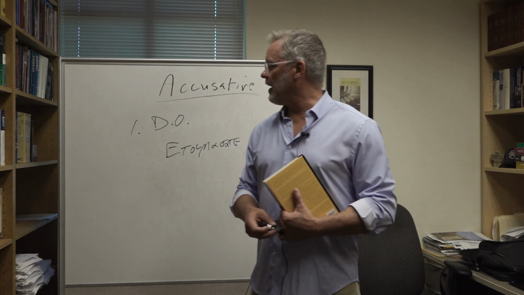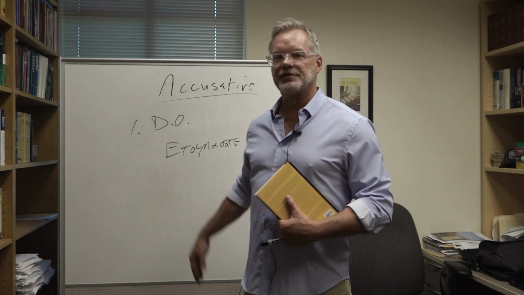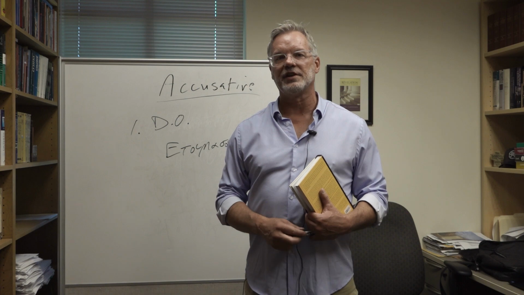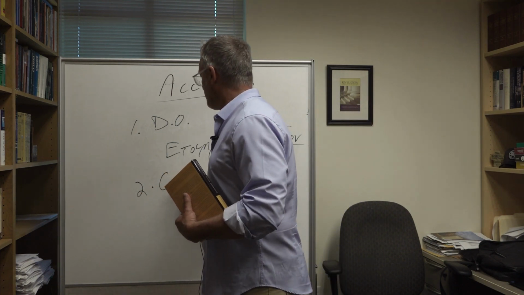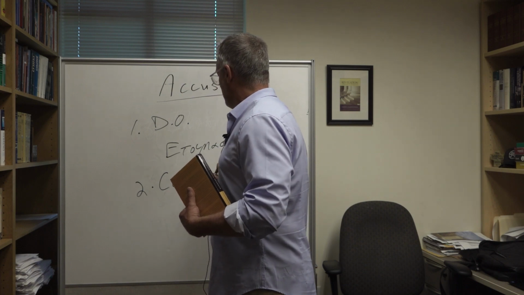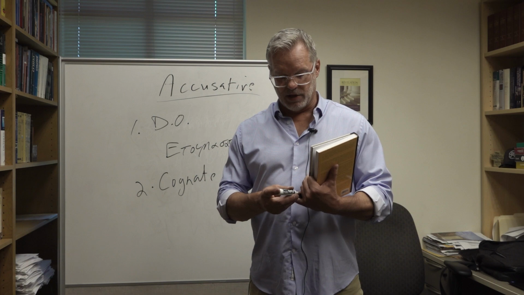Now, there's a couple of other functions of the accusative case that I think are sort of subsets of this. One of them is what is often called the cognate accusative, and that's basically just a direct object accusative.